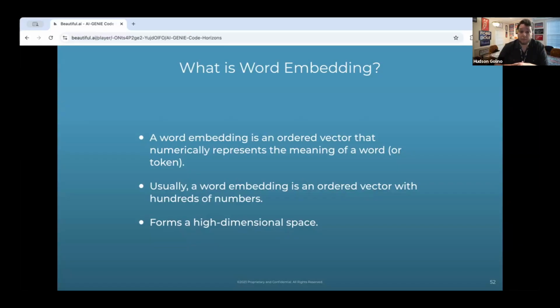So usually a word embedding is an ordered vector with hundreds of numbers. It's how we translate words into numbers so computers can understand. Because it's an ordered vector of numbers, it forms what we call a high dimensional space. That's math lingo for a collection of numbers that has many numbers.